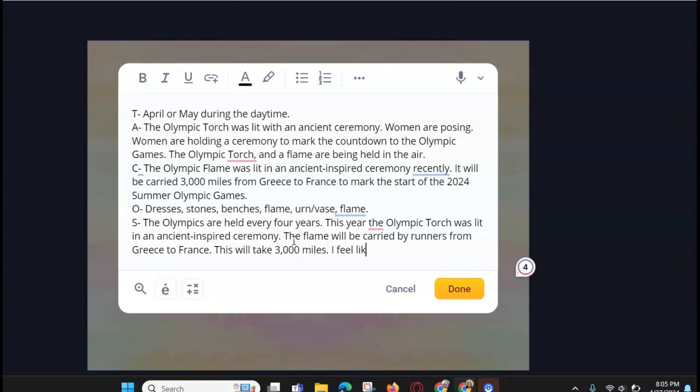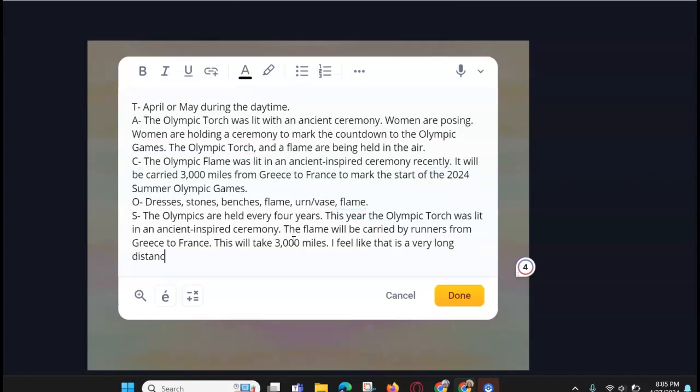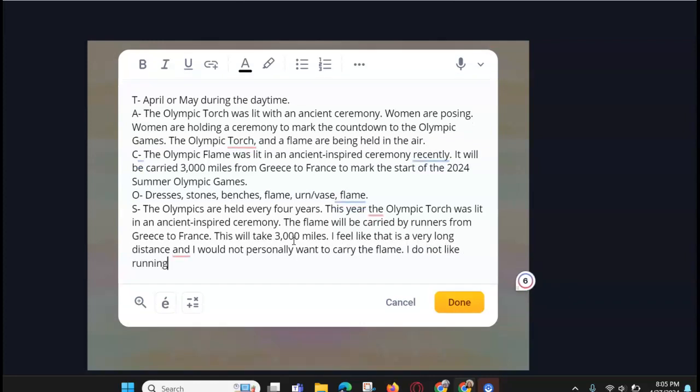I feel like that is a very long distance, and I would not personally want to carry the flame. I do not like running, and this would not be my cup of tea.